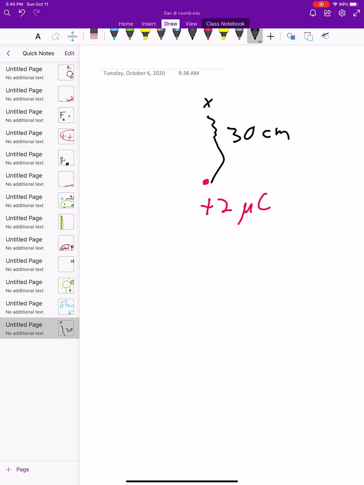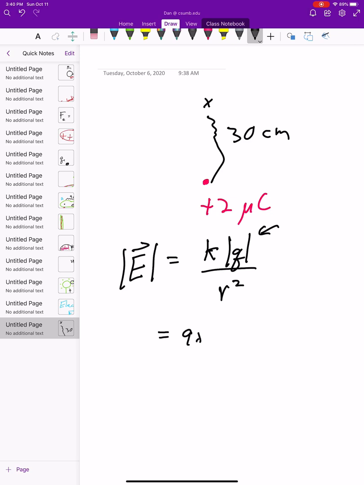The equation for the strength of the electric field is going to be given by k times Q divided by r squared. It looks a lot like Coulomb's law, except there's only one charge here, because one charge will create an electric field.